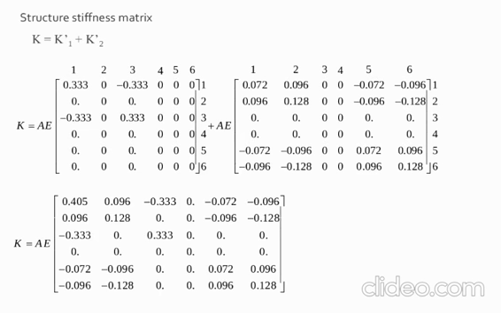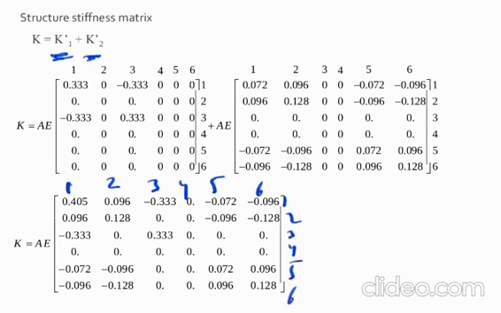Now we collect all the members of the matrix K1, the stiffness of member number 1, and the stiffness of member number 2, as you see here in this slide. When we calculate, put these numbers 1, 2, 3, 4, 5, and 6, and 1, 2, 3, 4, 5, 6.